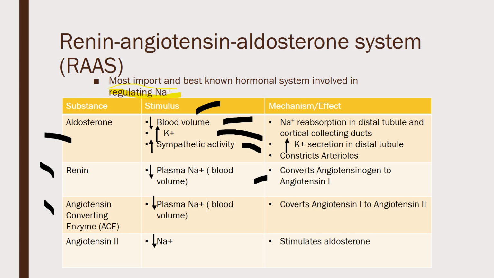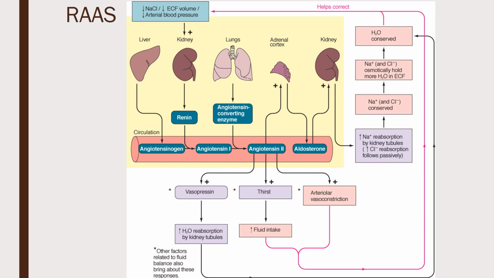ACE, the angiotensin converting enzyme, is also going to be stimulated when we have a decrease in plasma sodium levels, and it converts angiotensin 1 to angiotensin 2. And lastly, angiotensin 2 is going to be detecting low sodium levels, and this is going to stimulate aldosterone.